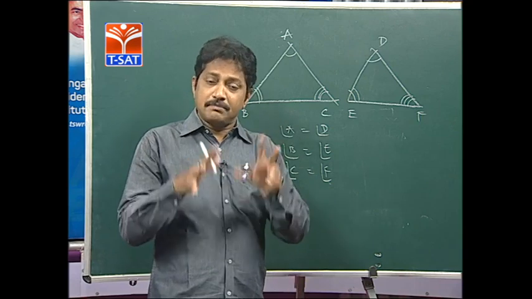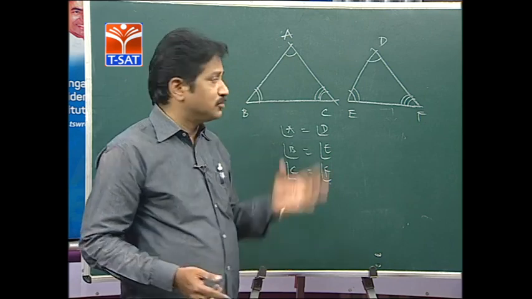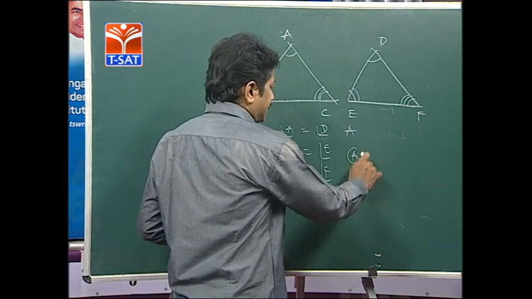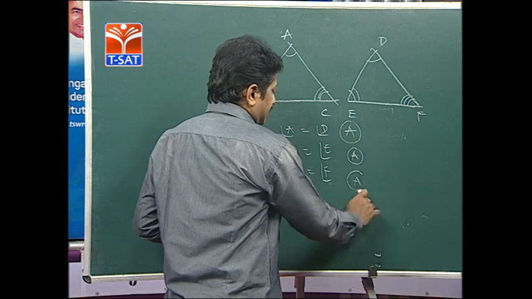When they have the same shape, what do we call them? Those are similar triangles.